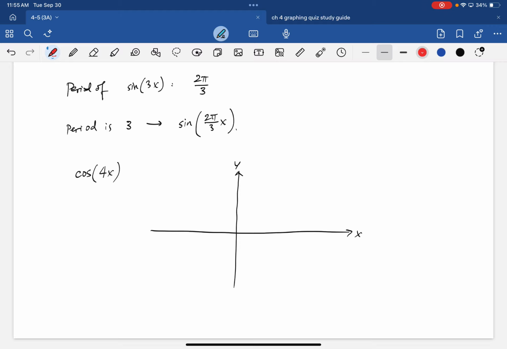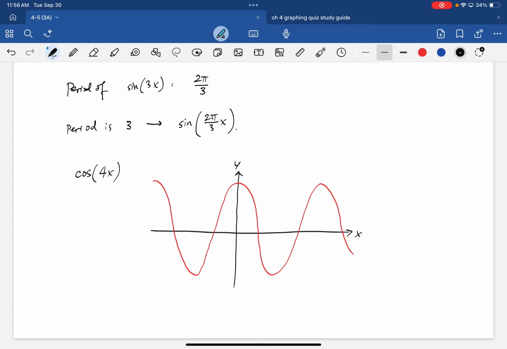So I'm going to draw my cosine function. Cosine 0 is 1, so it has to intersect the y-axis at 1. So my graph would look like this.